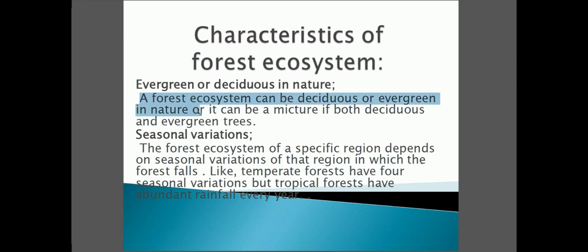It can be mixed if both deciduous and evergreen trees exist. If a forest contains both deciduous and evergreen trees, then it could be a mixed forest. Seasonal variation: what could be the seasonal variation? The forest ecosystem of a specific region depends on seasonal variation.